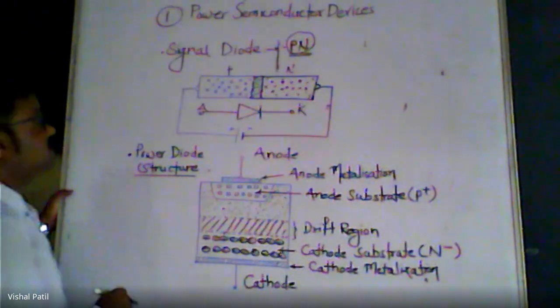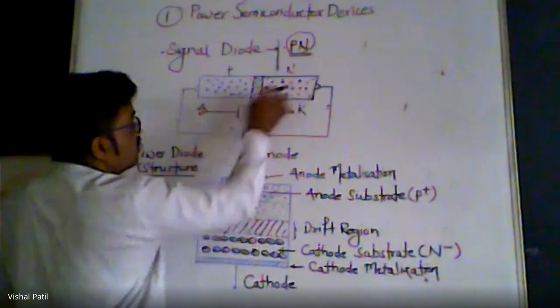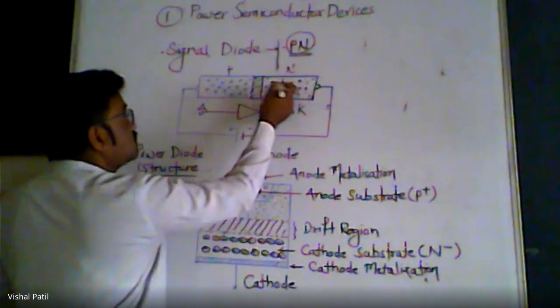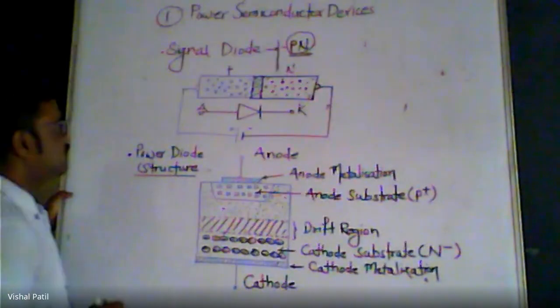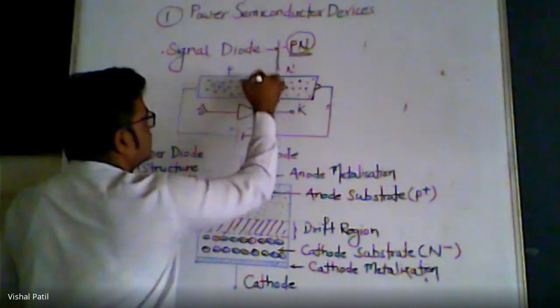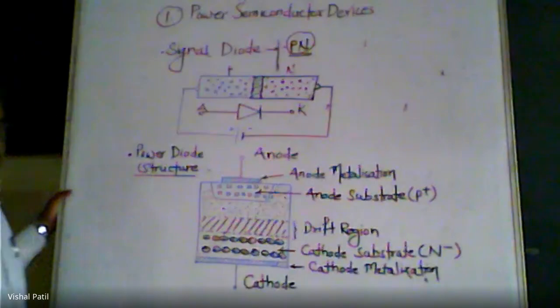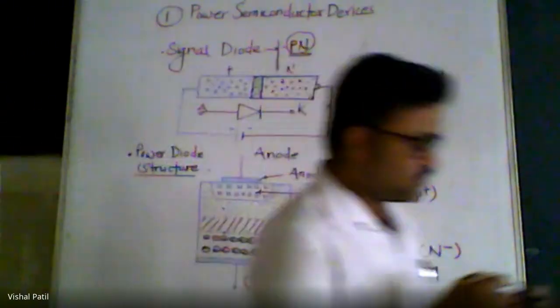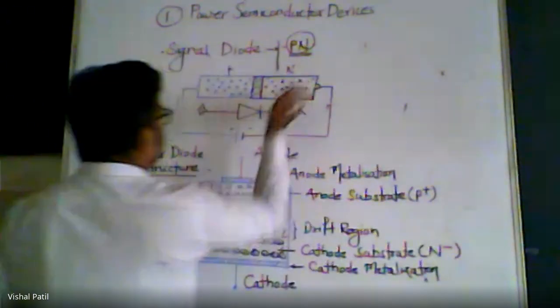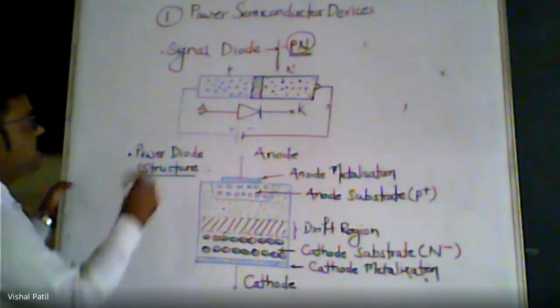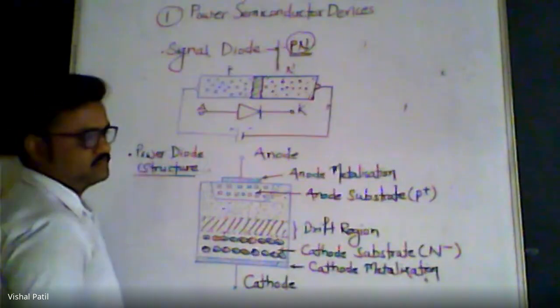The moment they stop diffusing, it is not possible for electrons to enter the p region and holes to enter the n region because of the potential barrier across this p-n junction. So it is quite difficult for normal electrons and holes to cross that potential barrier, and that's why we don't get current conduction from p to n normally when the diode is not connected in a circuit.